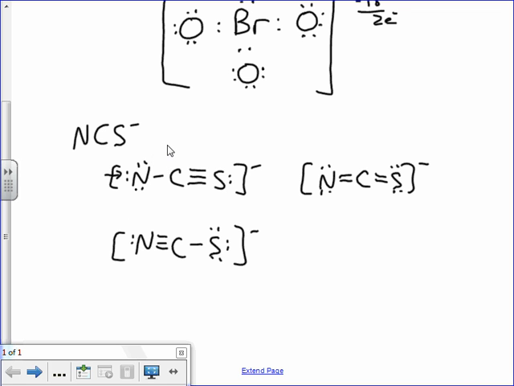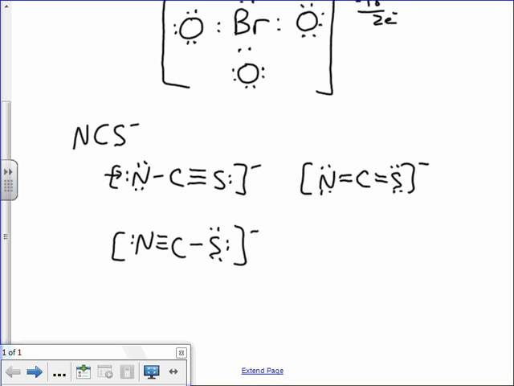All right, so we're going to assign formal charges to these and see how we do. So this nitrogen right here has how many electrons assigned to it? 7, right? Okay. 2, 4, 6 from the unshared electrons, and then 1 from the bond right here. So that's 7.